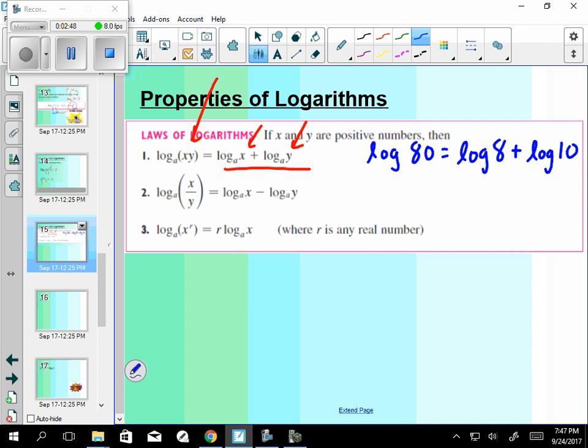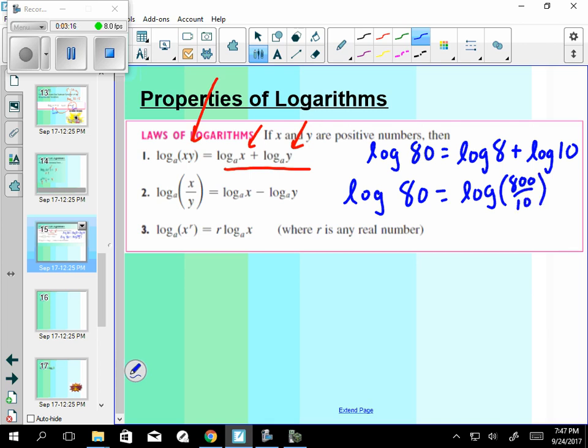If you are dividing, that's the same as subtracting two logs with the same base. So if you had, we could go 80 again. Okay, log of 80. We could write 80 the same as 800 over 10.